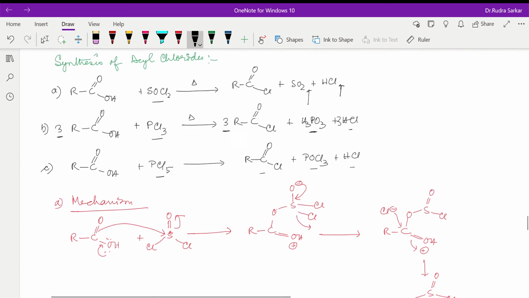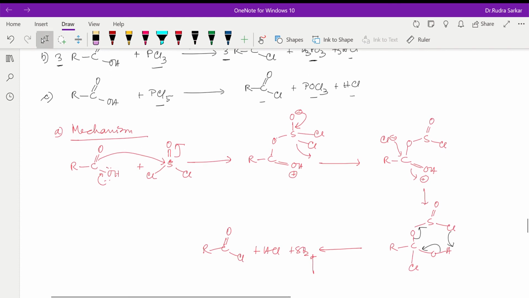We've just given the mechanism for SOCl2, wherein the C-O bond makes a nucleophilic attack to the S=O, and subsequently this bond opens up over here and comes back, just like your nucleophilic substitution elimination reaction, and the Cl goes away.